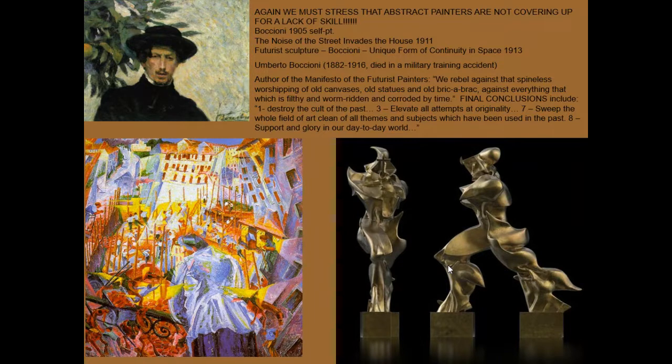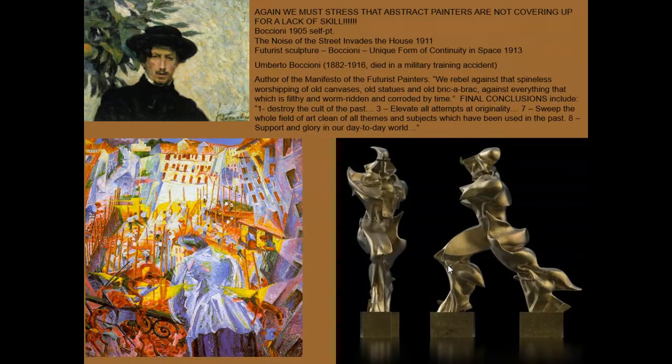Now, manifestos we think of often, as a lot of artists in the early 20th century wrote manifestos about their art styles, the sort of rules of what they were going to do, how their work was going to be made. So I've summarized some of the most important points of the Manifesto of the Futurists. Some of the things I really like is that they wrote against old statues, against everything that is corroded by time.